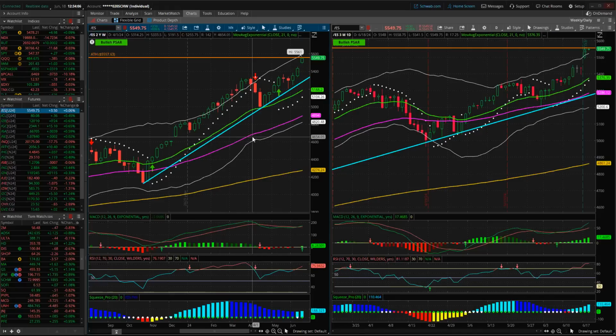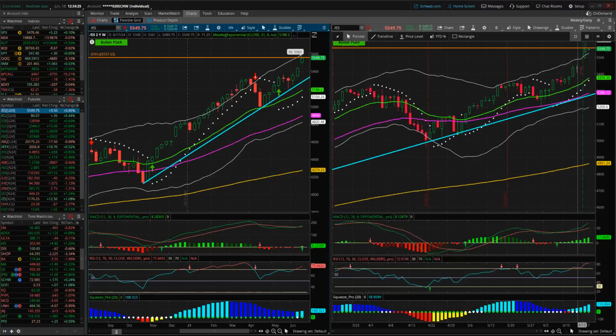Now, I don't have the standard Keltner channels and Bollinger Bands on here. This is a 3 ATR, so in white, this is a 3 multiplier on the Keltner channel. But essentially, all the squeeze is doing is taking the Bollinger Bands and the Keltner channels and giving you a sense of what the volatility is.